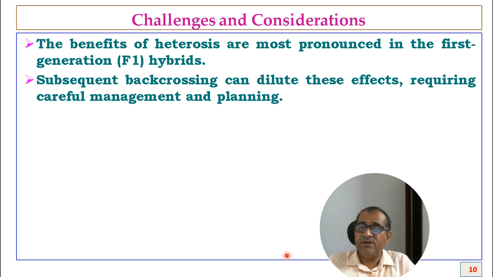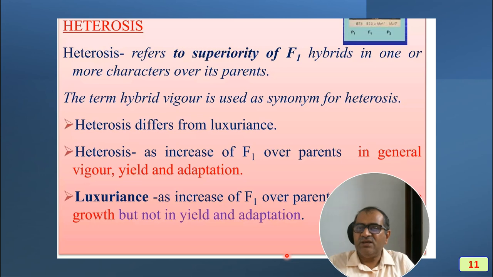The benefits of heterosis are most pronounced in the first generation itself, the F1 hybrids, whereas subsequent back crossing can dilute these effects, requiring careful management and planning. So heterosis refers to the superiority of the F1 hybrids in one or more characters over its parents.